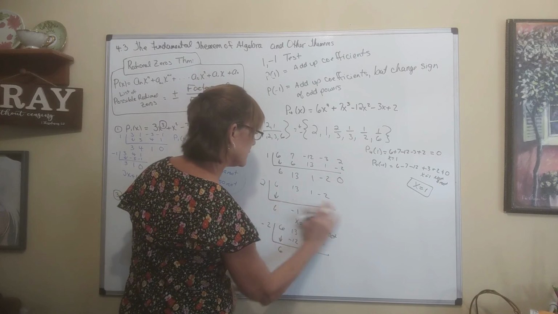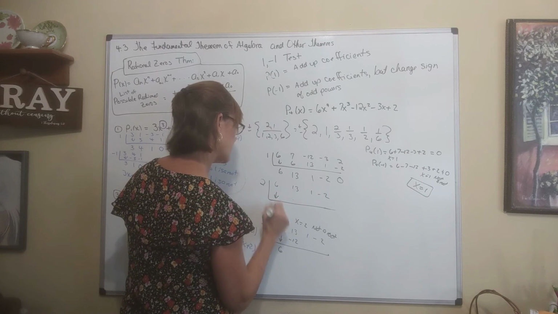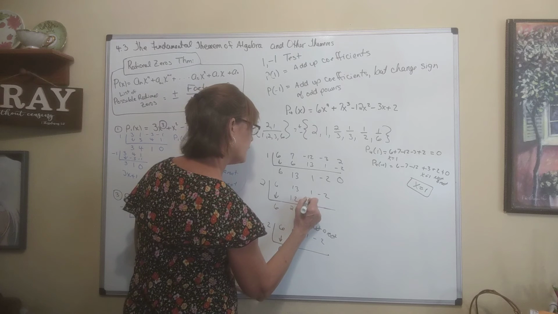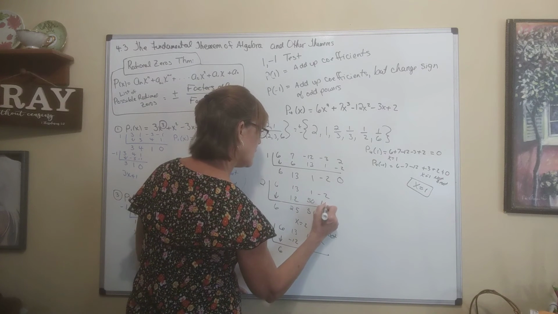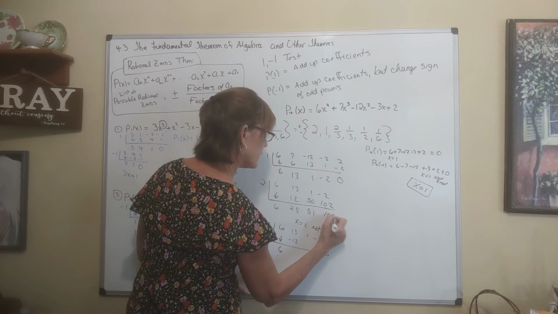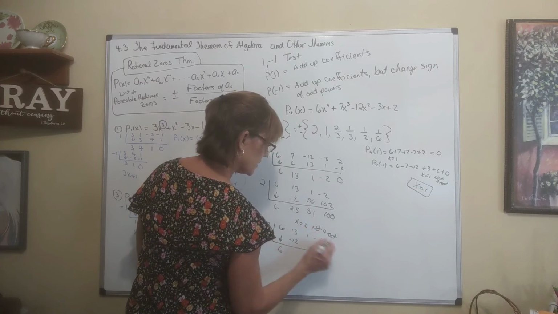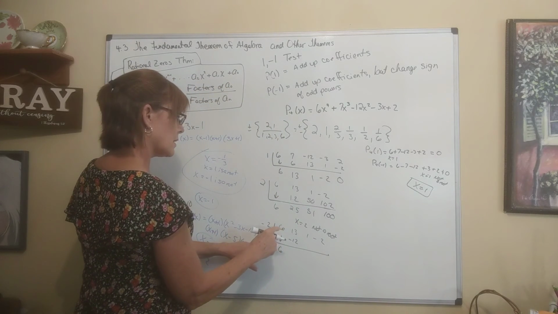Let's see what happens here. That's right. Bring down your 6. This is 12. Oh, wow, that's 25. That is a 50. That is 51. That is 102. My remainder is 100. Okay, I got the same result. This is not 0, so x equals 2 is not a root. Okay, good. But I need to plug in the right numbers.